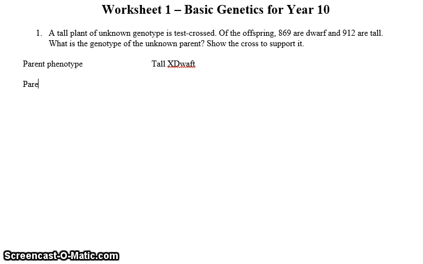The parent genotype, in this case, because you know some of the offspring are dwarf, it has to be big T for tall, but also it must carry a little t in order to pass on that gene to the F1. And the dwarf, of course, is little t.